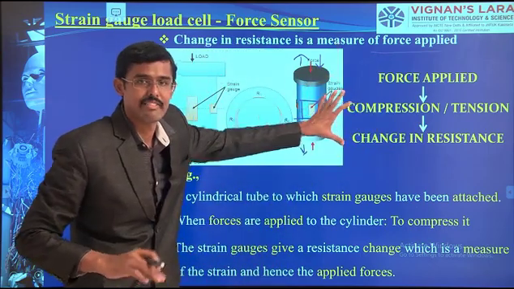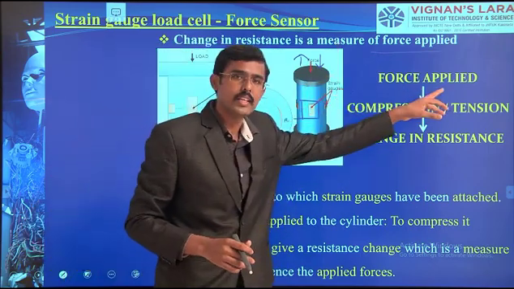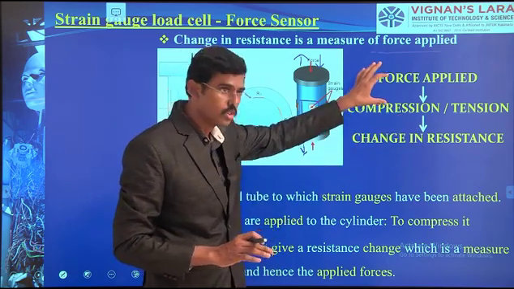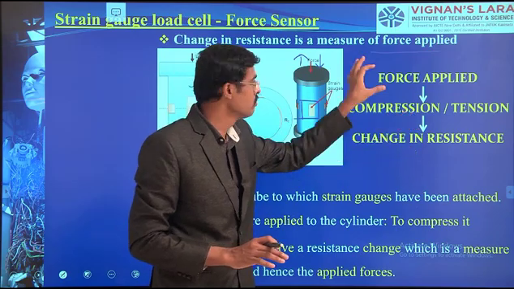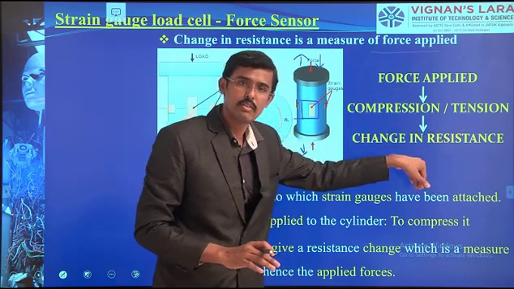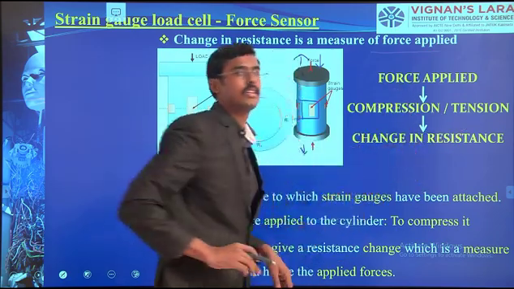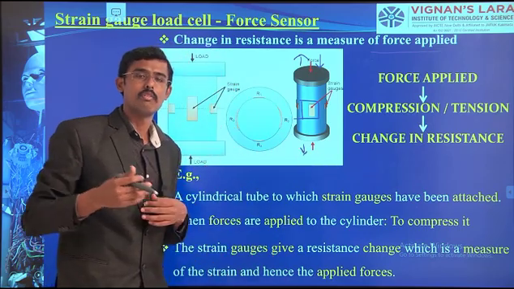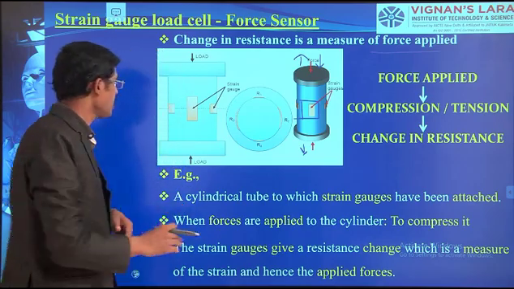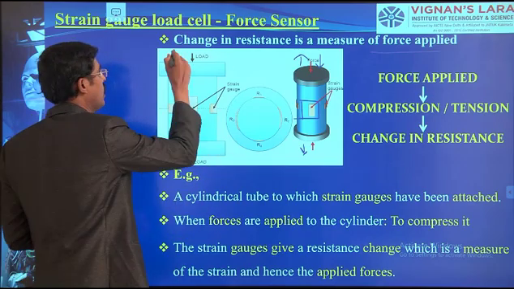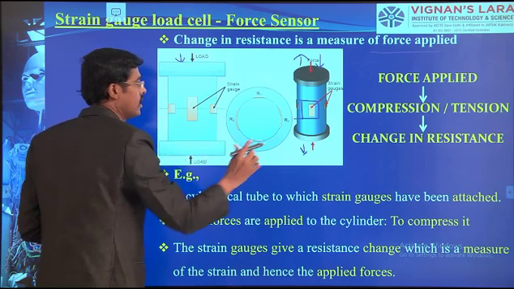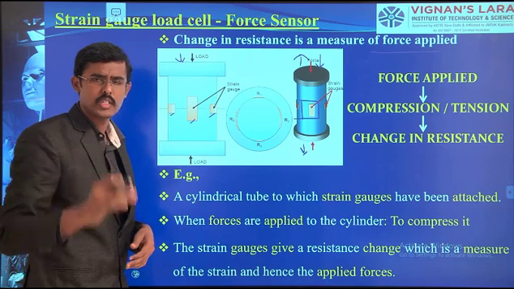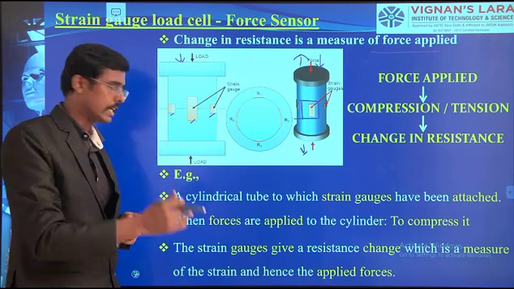For a graph, the force applied, a compression or tension load, forms the change in the resistance of the strain gauge, which is measured through the electrical form of a Wheatstone bridge. So that is the idea here: a load is applied, and then we are able to measure the various resistance changes.